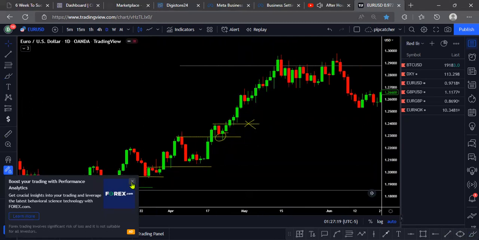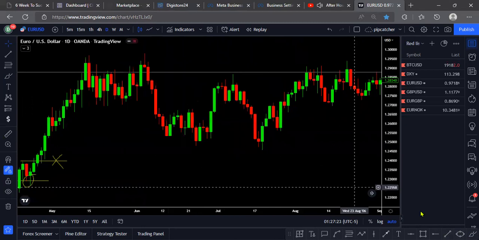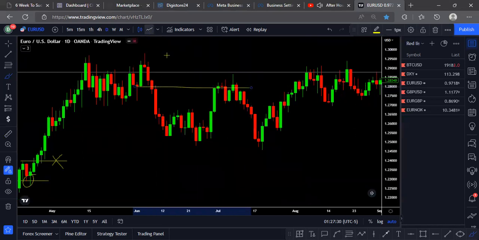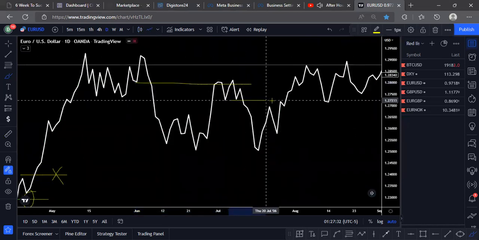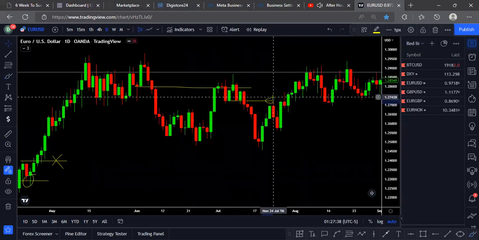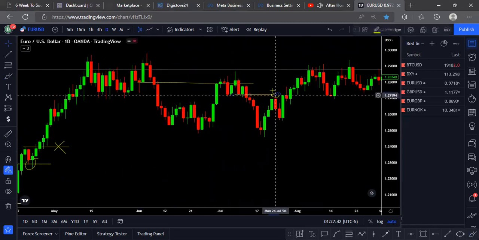And a break of structure, a little retracement there, possible rejection right there. Yeah, I mean, it got pretty close.